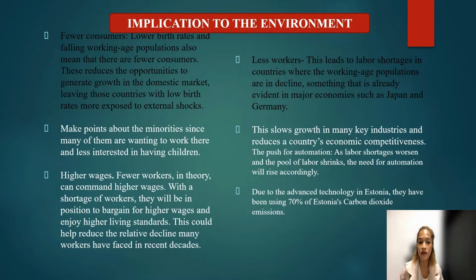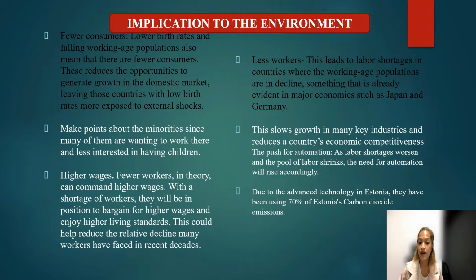Fewer workers: these lead to labor shortages in countries where the working age populations are in decline, something that is already evident in major economies such as Japan and Germany, and also make a point about the minorities, since many of them are wanting to work there and less interested in having children. These slow growth in many key industries and reduce a country's economic competitiveness.